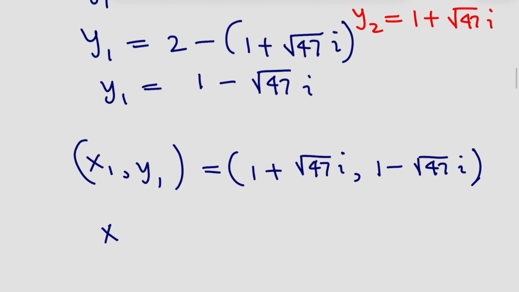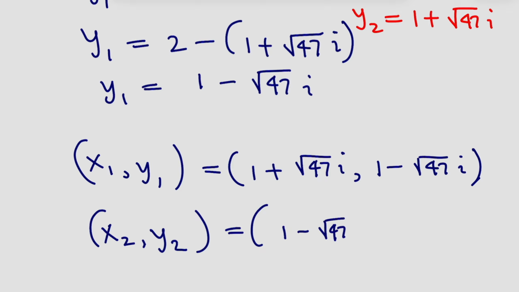And then x2, y2 is equal to 1 minus root 47 i, and then y2 is 1 plus root 47 i. And these are the four values of this problem.